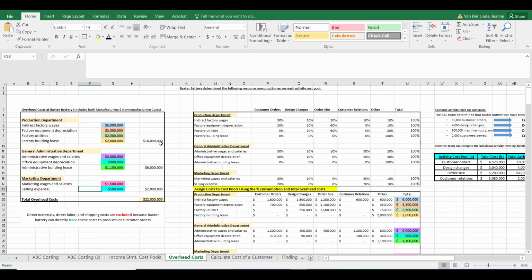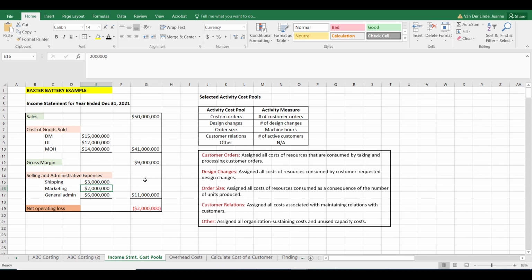So under the traditional method, it's only this $14 million, right, that is included as part of product cost to give us gross margin under the traditional method. But now, with ABC costing, we're taking not only the manufacturing overhead, but we're also taking non-manufacturing costs like marketing costs and general administrative costs, throwing that into one overall overhead bin and assigning those to products.